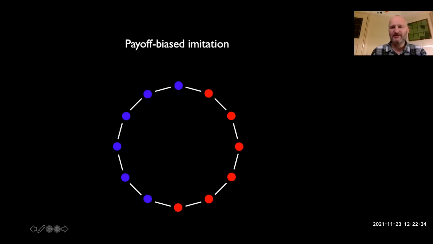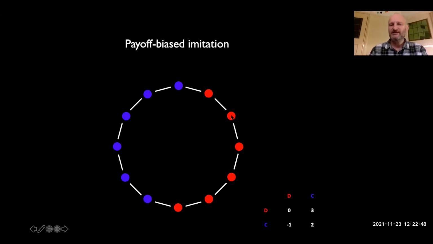Now, something a little similar, or at least the conclusion is a little similar, happens when transmission is cultural. And I would like to illustrate that with an example. So suppose we have this stylized population structure where everybody has two neighbors and is organized on a cycle.